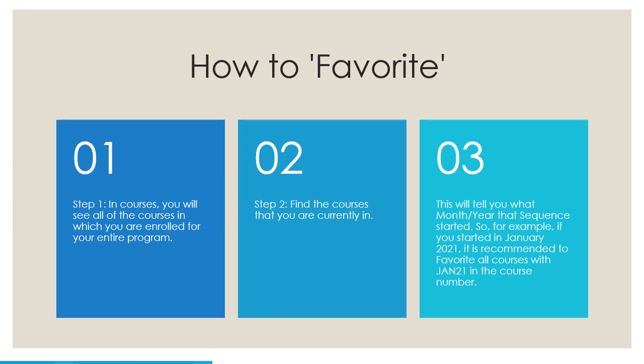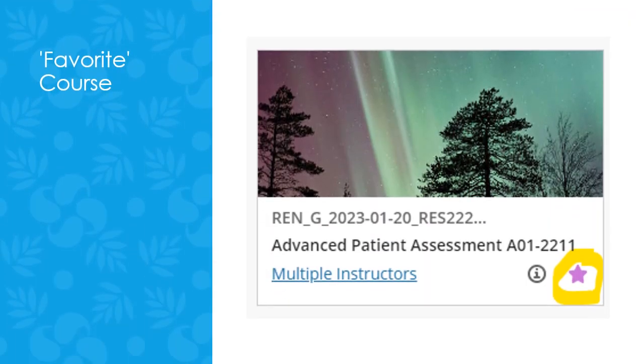I'll show you what I mean. So this is the tile. Whether you have your courses in a list view or a tile view like I show here, this little star at the end of the list view and at the bottom corner of the tile view, simply click on it and it turns purple, and that makes it a favorite.